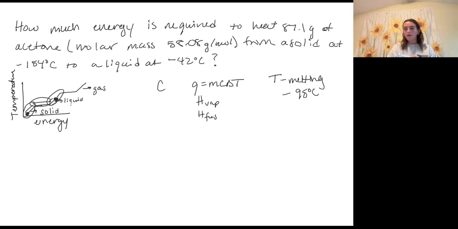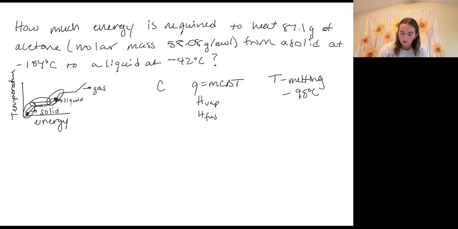On our solid and liquid phases, what equation are we going to use for that? What equation do we use on just solids, just liquids, or just gases in this type of question? Good, that's Q is equal to MC delta T. Perfect.